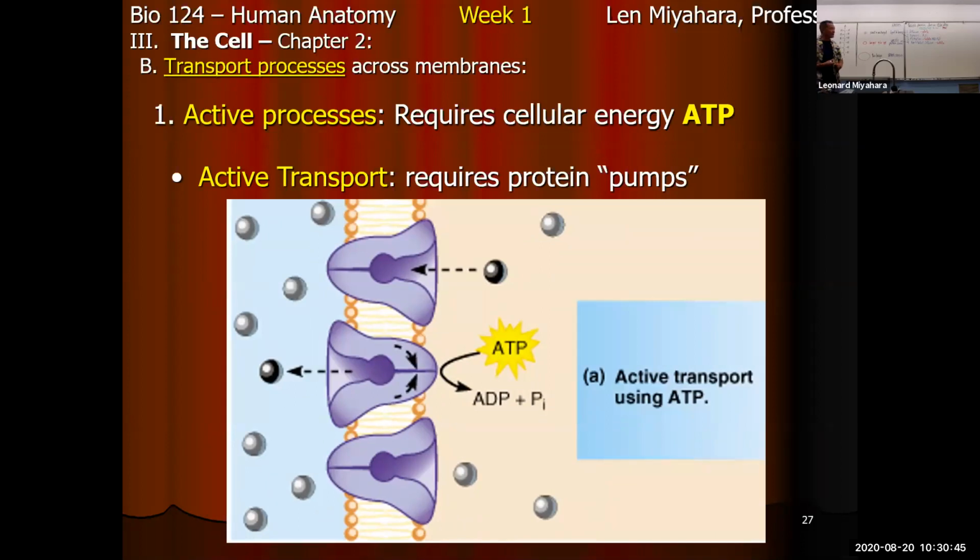It's called active transport. You need to know something about ATP here because cells that are doing active processes are burning up ATPs.